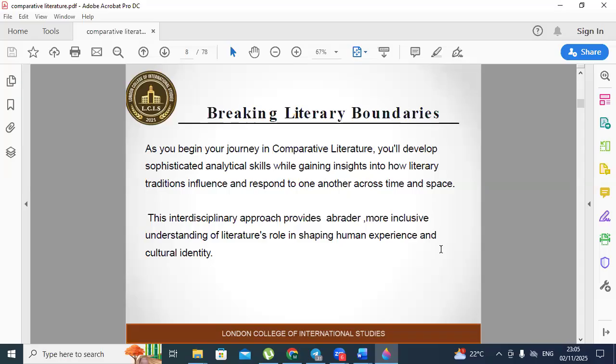Second, you will gain insights into how literary traditions do not exist in a vacuum. They influence and respond to one another across time and space. The final sentence summarizes the ultimate goal: a broader, more inclusive understanding of literature's power in shaping both individual human experience and collective cultural identity.